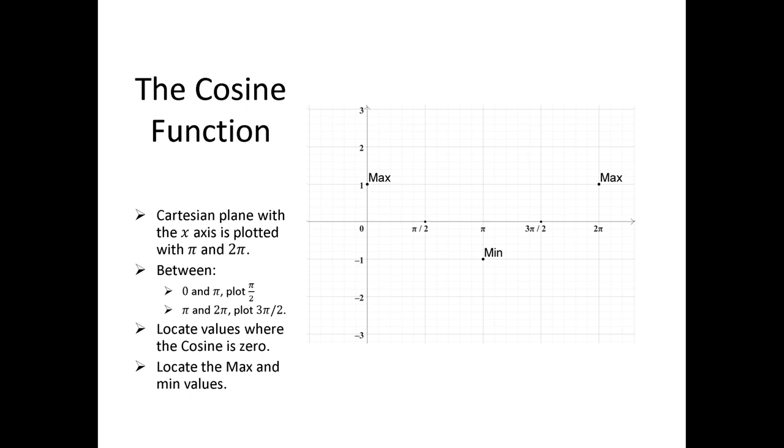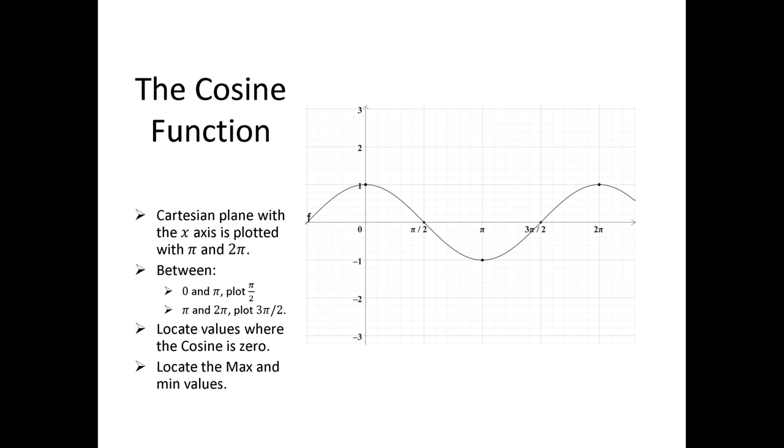Now we trace the graph of our function starting from the maximum point at 0, passing through pi over 2, until we reach 2 pi. And there we have it, the cosine function graph. And lastly, for the tangent function, we have quite different properties.